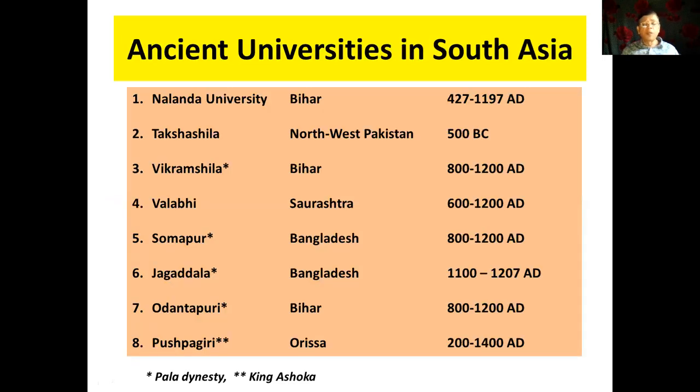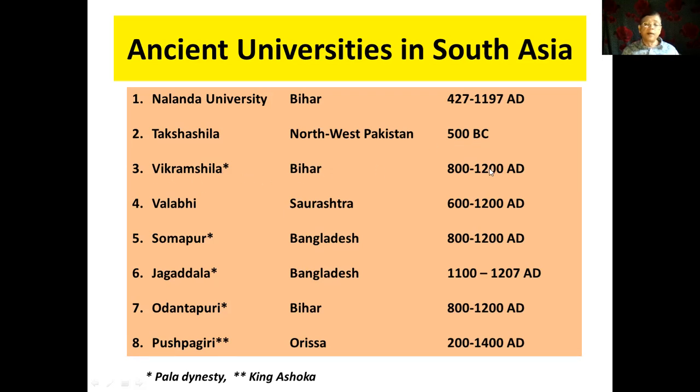Now, Taxila was not the only university. We have a large number of universities. We have Nalanda University, which is in Bihar, and the dates are given here. Taxila we have already talked about, 500 BC.